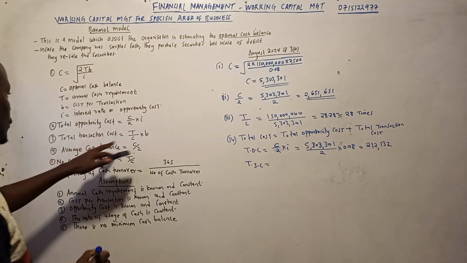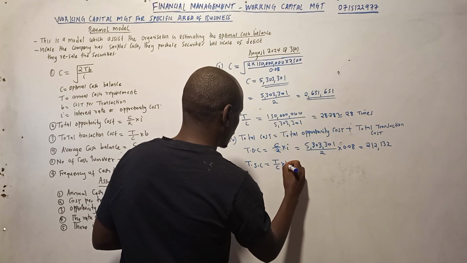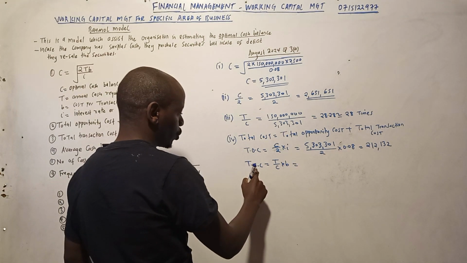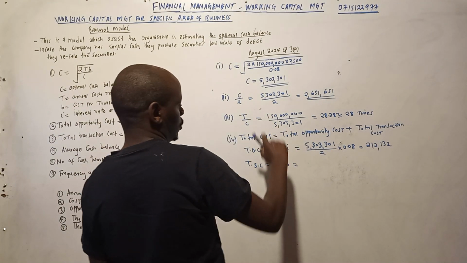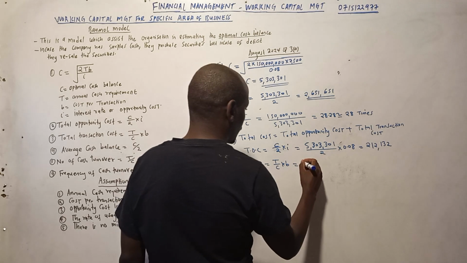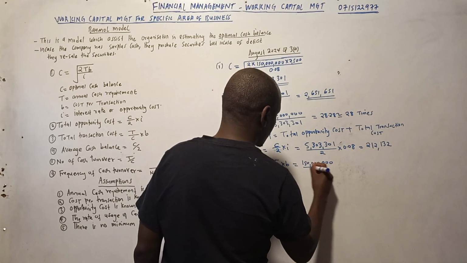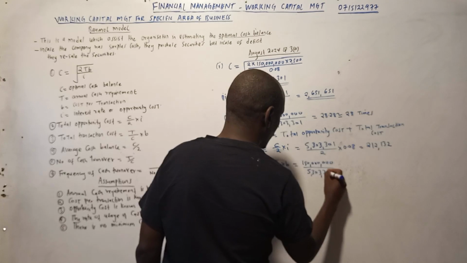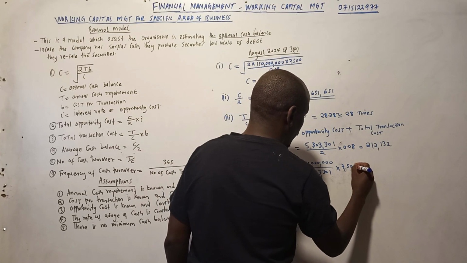Total transaction cost is T over C times B, and they must be the same actually. Let us see if they are equal. T is 150 million over C, 5,303,301, times B, 7,500.